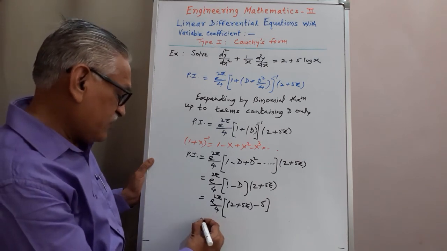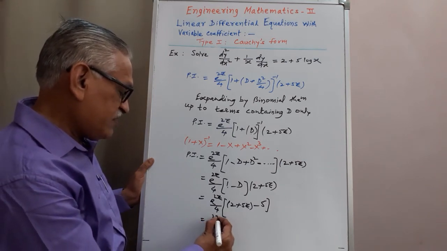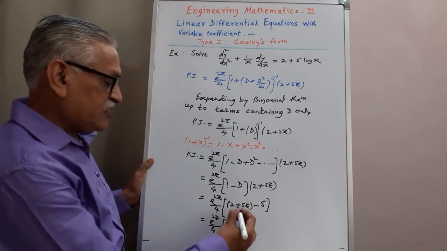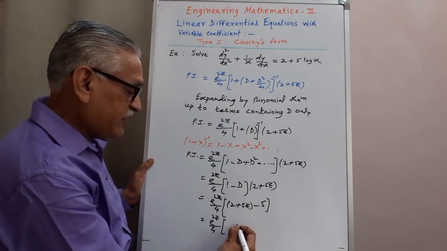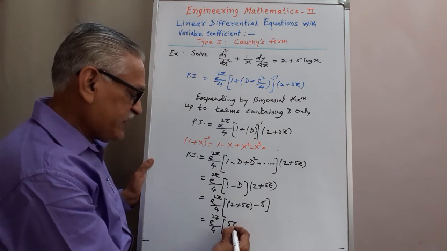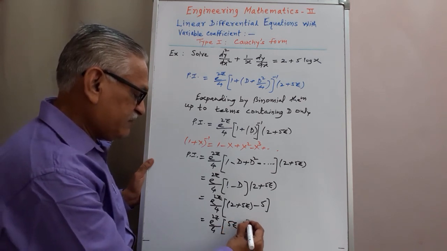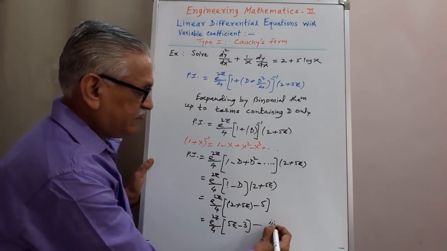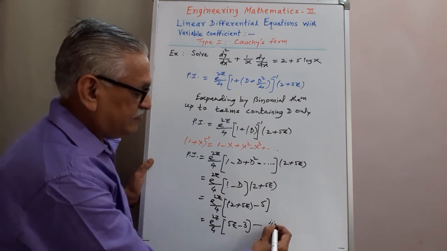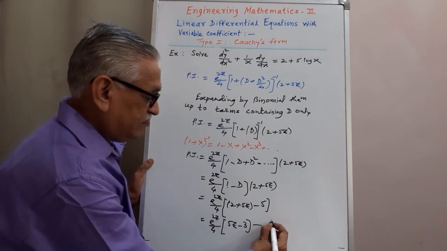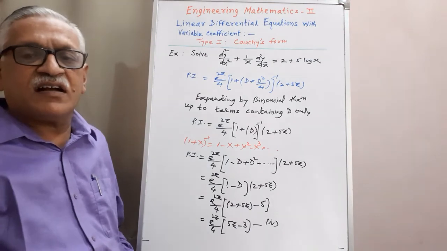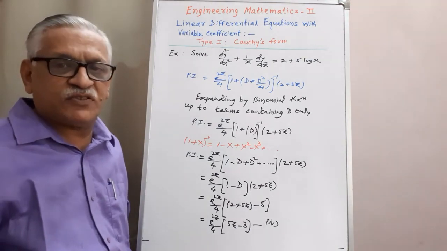Therefore it is e raised to 2z by 4 into 2 minus 5, we get minus 3, and therefore it is 5z minus 3 as a PI. And then combining CF and PI to get the complete solution.